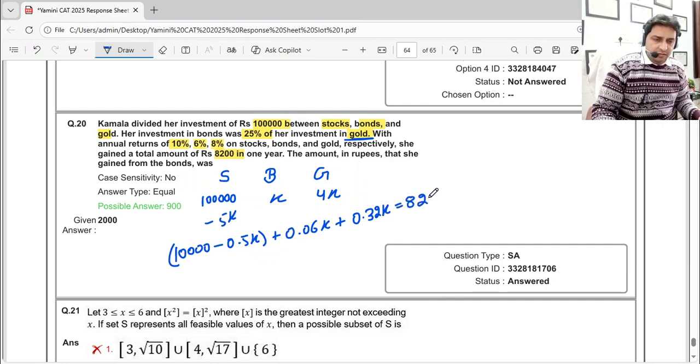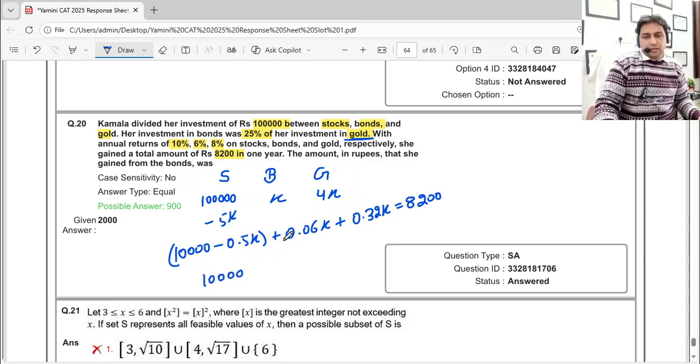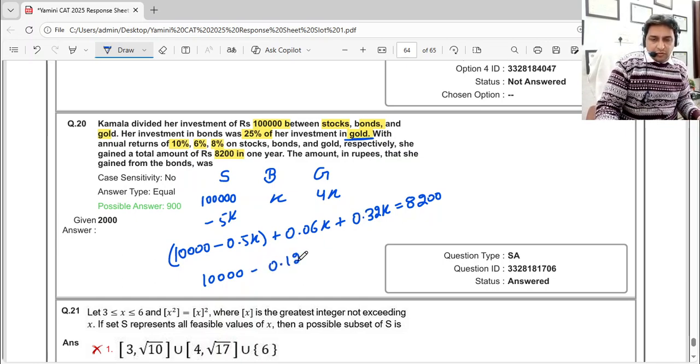That's it. This was the simple question we had. So it's going to be 10,000 minus 0.5x plus 0.06 plus 0.32, that is 0.38. That means minus 0.12x is remaining, that is equal to 8200.